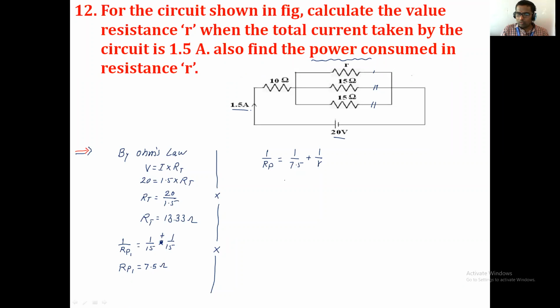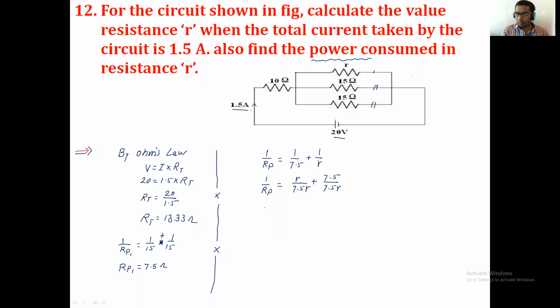Is it right? So now if I want to do a little bit of simplification, I can try to make the base same, so I have to multiply R to the numerator and the denominator here. Also, I have to multiply 7.5 to the numerator and the denominator here, so that the base is the same.